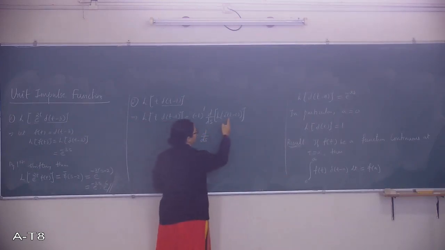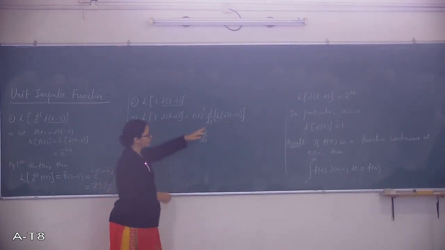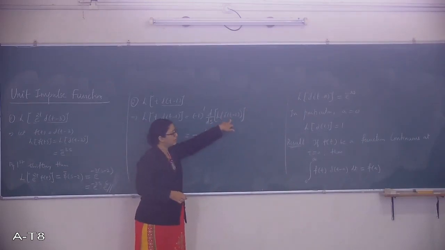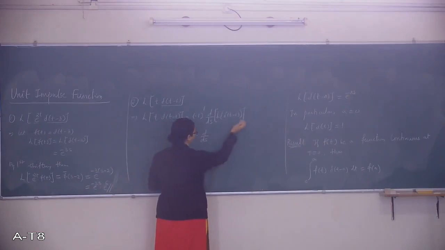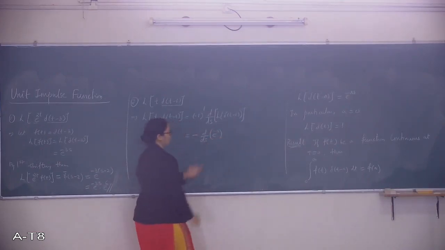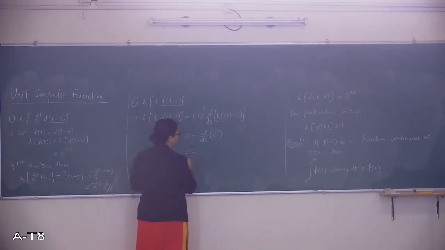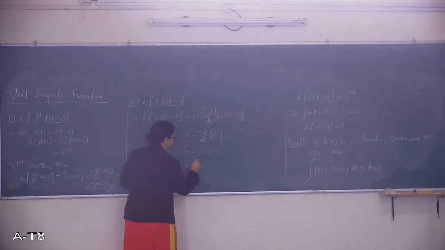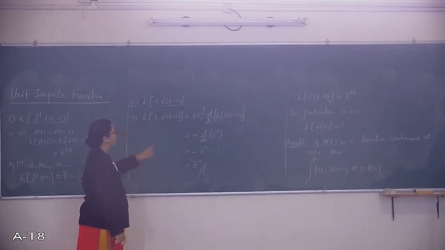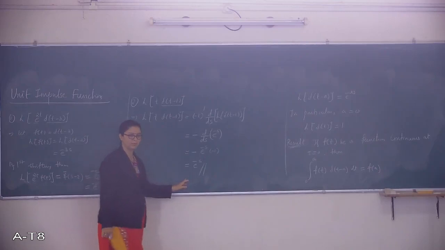Now what is the Laplace transform of this unit impulse function delta of t minus 1? It is e to the power minus 1 into s, that is e to the power minus s. Now we need to differentiate this with respect to s. So that will be minus, differentiation of this is e to the power minus s into minus 1, correct? So that will be e to the power minus s. So the Laplace transform of t into delta of t minus 1 is e to the power minus s.